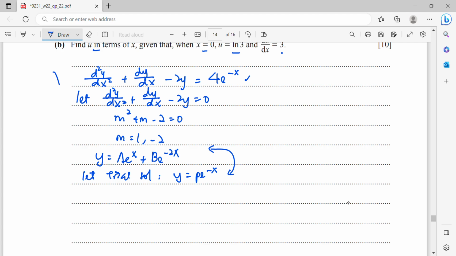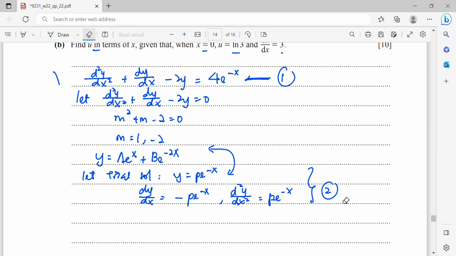So now we can just differentiate two times. So dy/dx will be -pe^(-x), and d²y/dx² will be pe^(-x). Let this be the second equation and the original be the first equation. Then substitute second into first to get the p value.